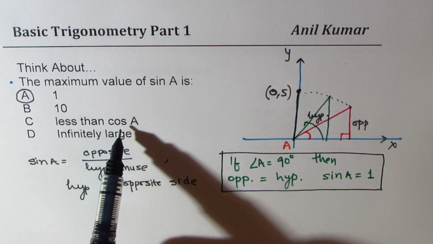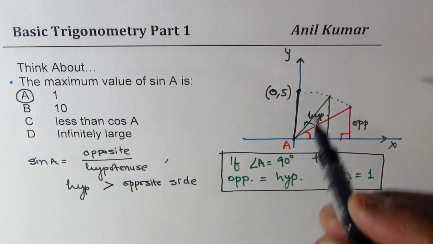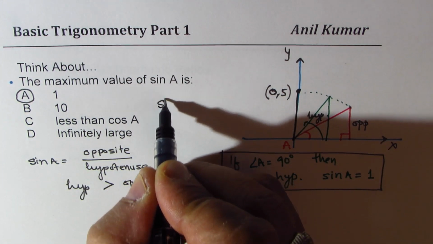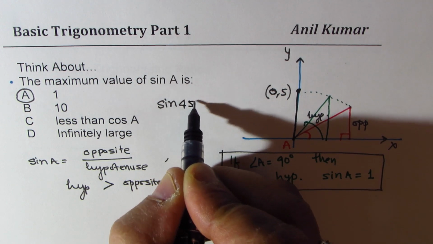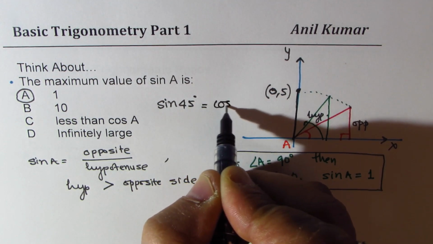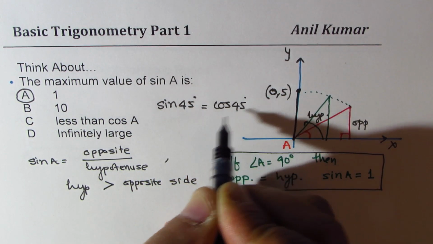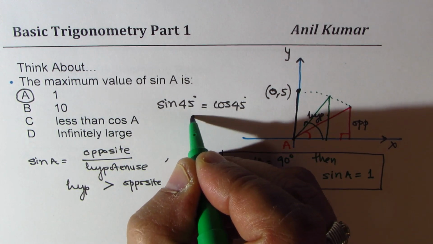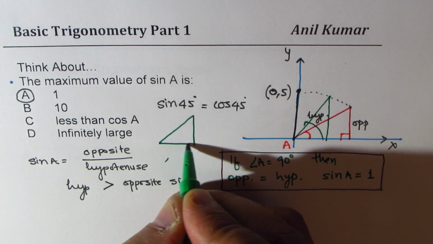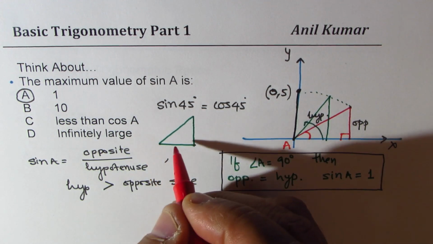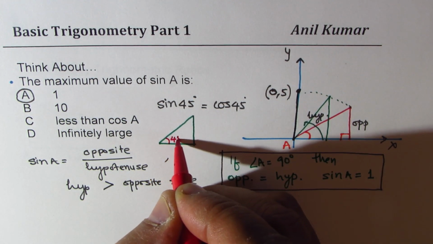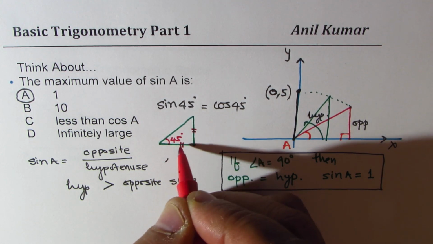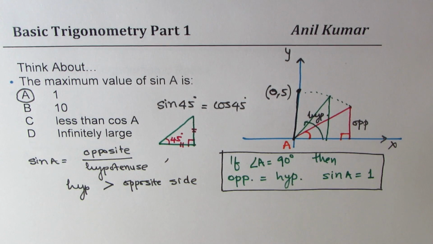Now let's look at cosine. For an angle of 45 degrees, we know sine of 45 degrees is equal to cos of 45 degrees. The reason being that for this we have an isosceles triangle. So if this angle is 45 degrees, in that case the two smaller sides of a right triangle are equal.